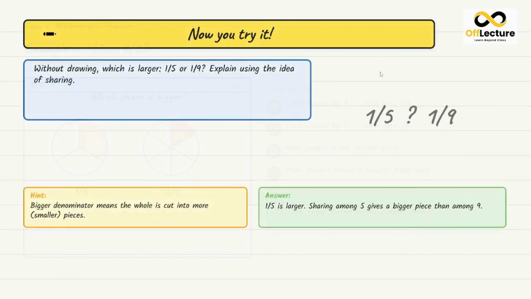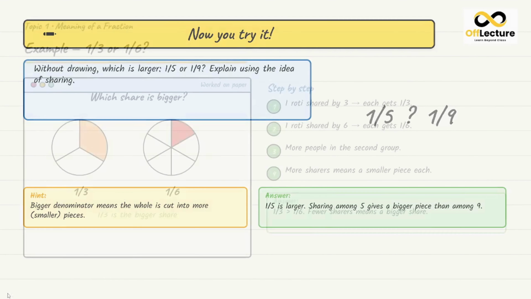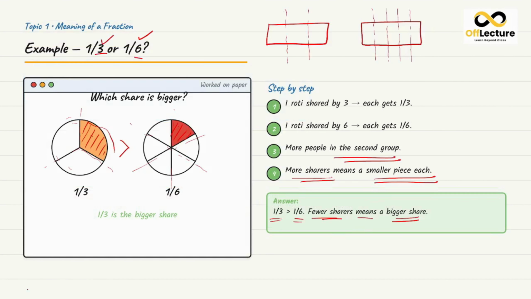This makes only 5 parts. We have to make 6 parts. So we will quickly make another one of the same size. 1, 2, 3, 4, and 5. So we have 6 parts here, out of which one is shaded.